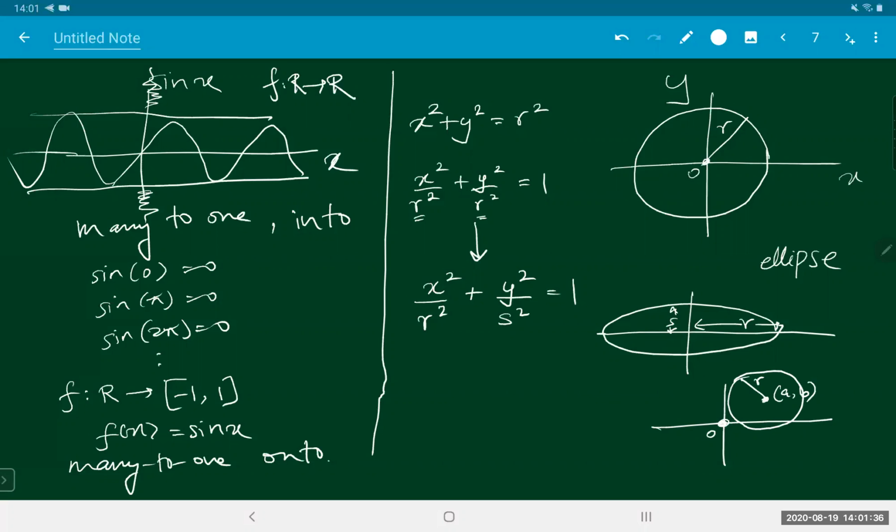Then I just have to shift my x and y by these values A and B. So instead of this formula, it will become (x minus A) squared plus (y minus B) squared equals r squared. Similarly for the ellipse as well. Okay.